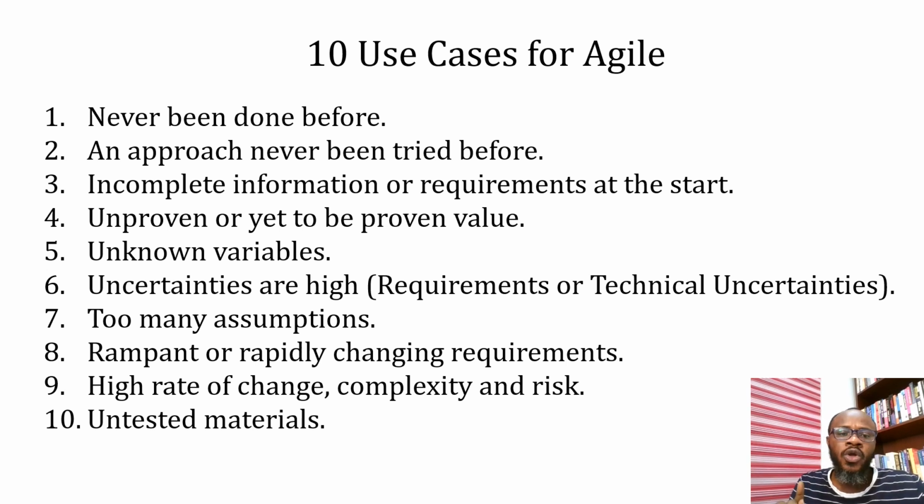Number two, when you are choosing an approach that has never been tried before. For example, houses have been built over and over again, so it's a predictive environment. But let's say that you now want to build a house under the sea. Of all places, you want to build your dream house under the sea.